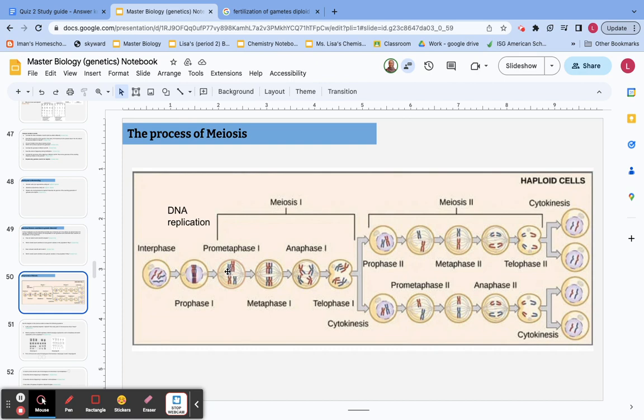So you should have realized that we are pairing up here the homologous chromosomes, long with long, short with short, and then we are going to separate them into separate cells. So in meiosis 1, we are trying to separate the homologous chromosomes into 2 separate cells.